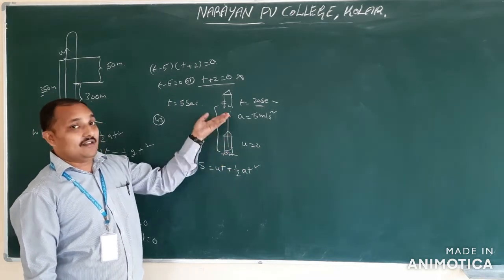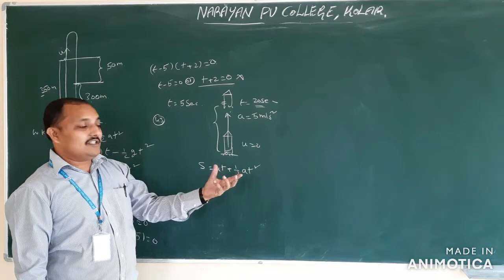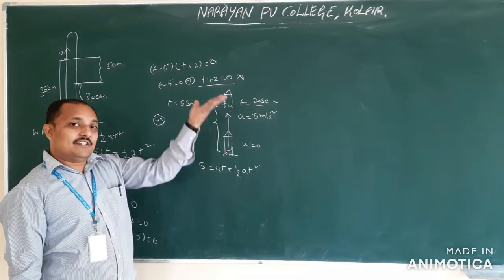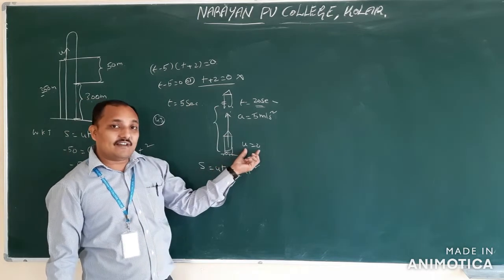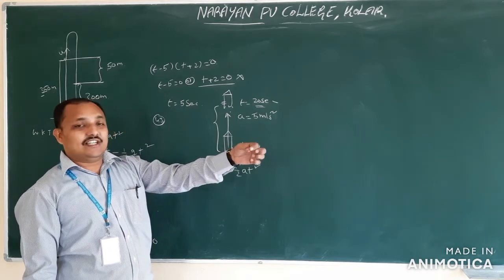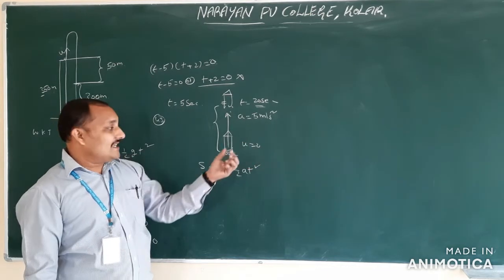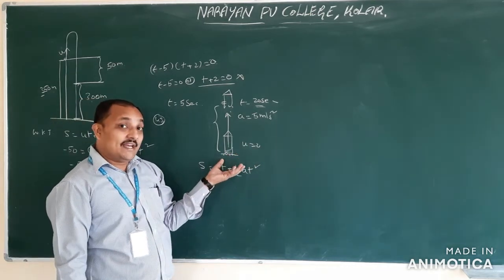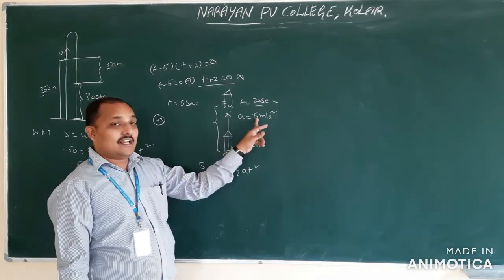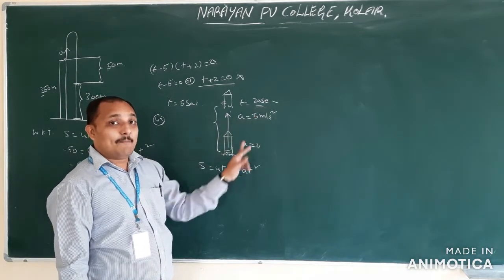That balloon we are not throwing, we are just leaving it, and by itself it is going. So whenever we leave it and it goes by itself, we take initial velocity 0, just like dropping by itself. Same like that, this rocket will go by itself. Therefore, initial velocity 0. Acceleration you should not take minus 5, you should take plus 5.